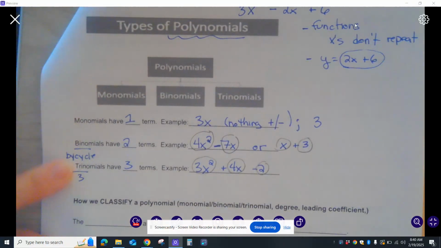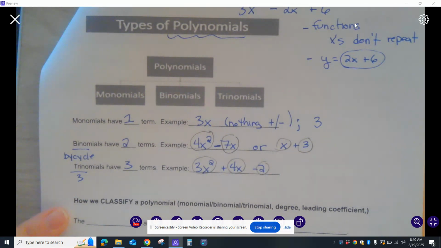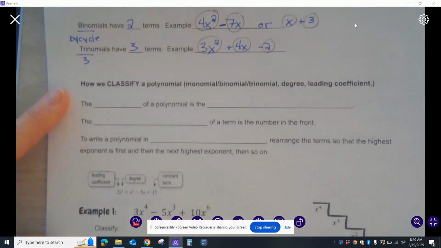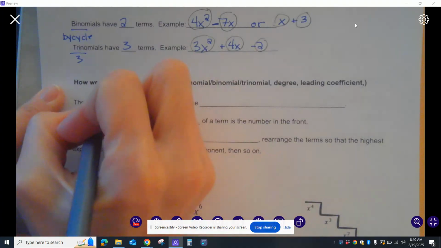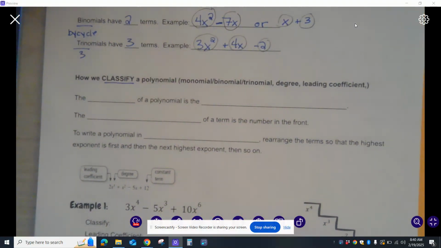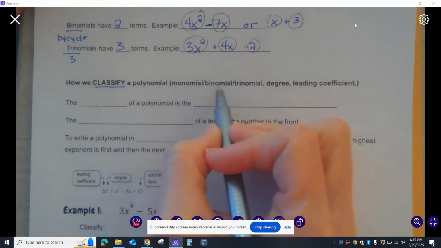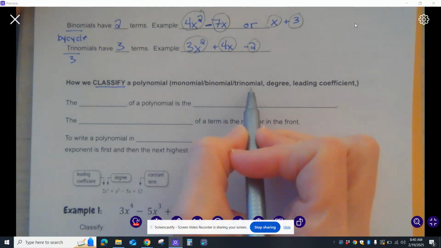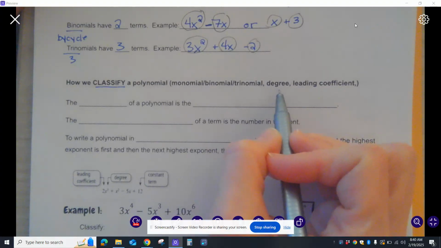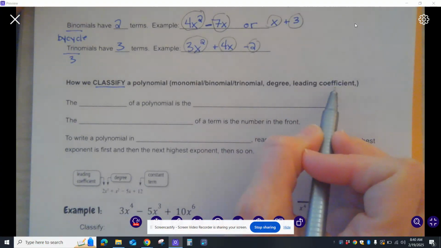So we identify polynomials by the number of terms they have, and we also talk about classifying a polynomial. And when we say that, we're doing a lot of things. We're saying if it's a monomial, a binomial, or a trinomial. We're finding the degree, and we're finding the leading coefficient.